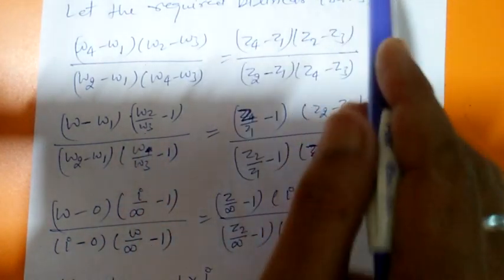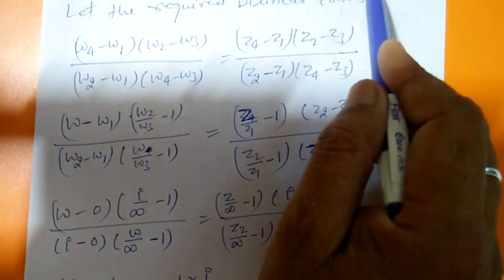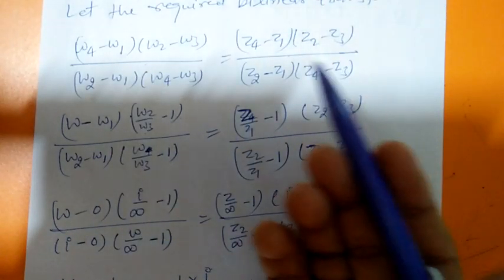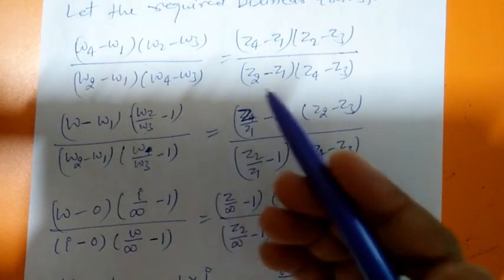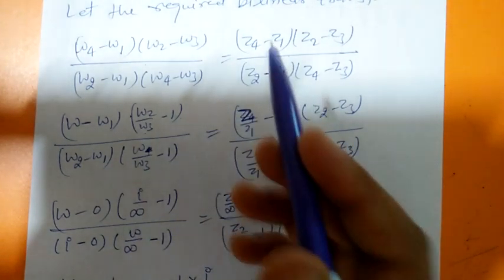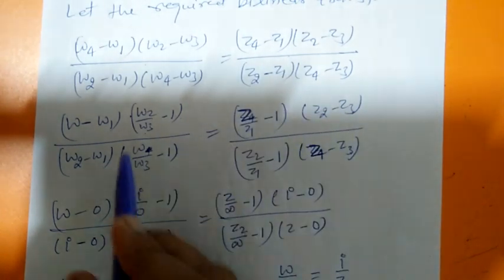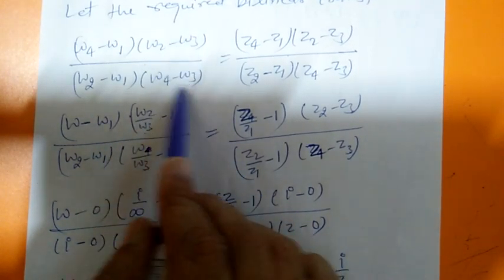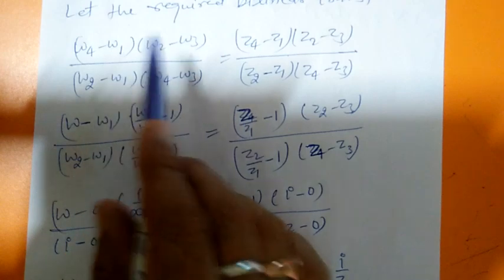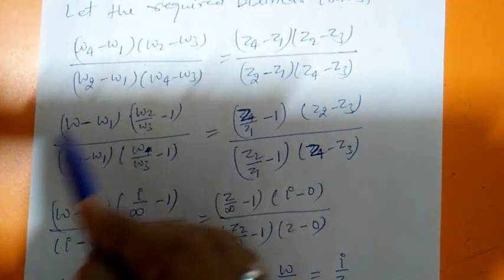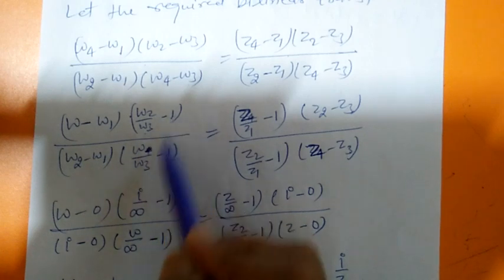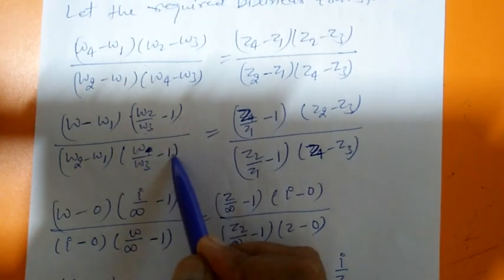Because here w3 is equal to infinity, that is if we subtract infinity with any quantity, then it will be infinity, and if we divide any quantity with infinity, then it will be 0. So here I am taking w3 common in this factor and w3 common in this factor, so w3 and w3 cancel in numerator and denominator, so this is w2 upon w3 minus 1, w4 upon w3 minus 1.